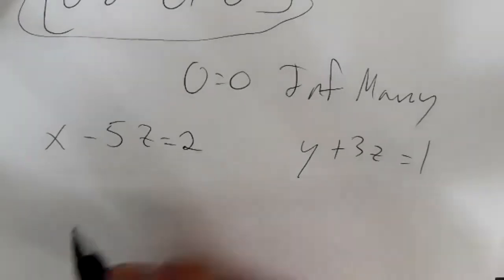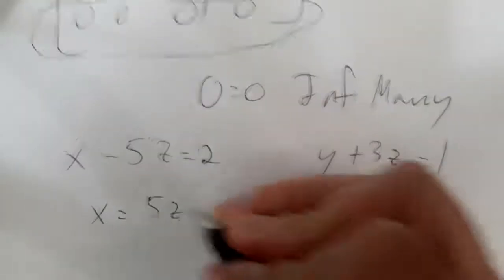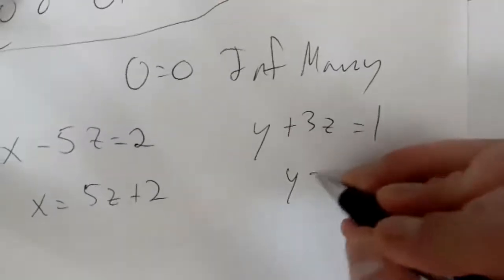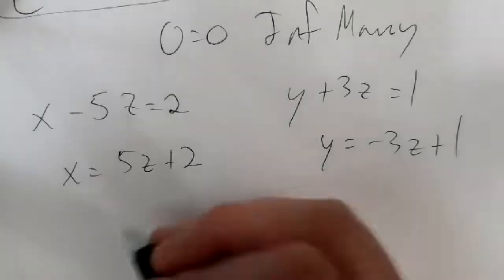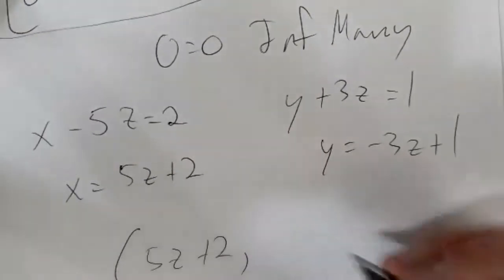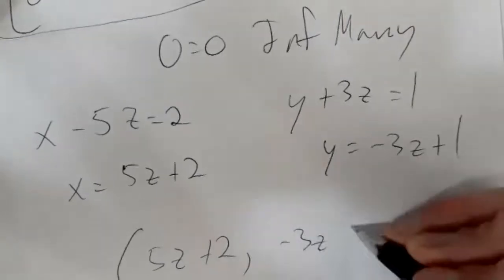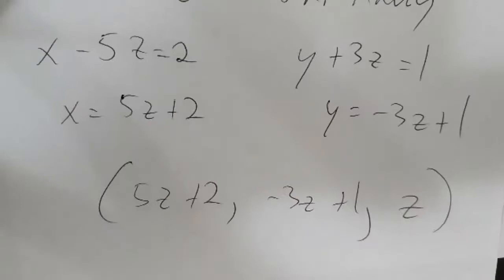We move this thing over. So x is equal to plus 5z plus 2. We want to move this thing over. Y is equal to minus 3z plus 1. We want to put things in x, y, z. So 5z plus 2, minus 3z plus 1. And last but not least, z is as z does. It's always over there. Z is z.